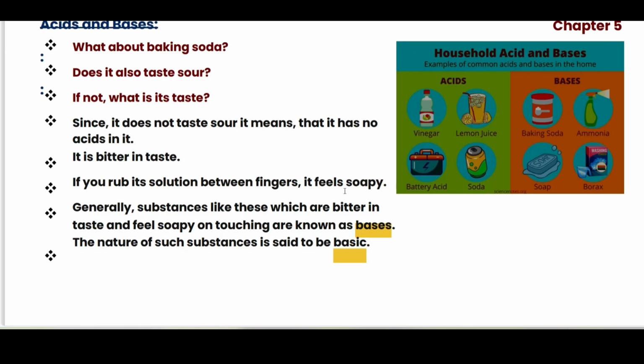When you rub it, you feel soapy, right? Generally, substances like these, which are bitter in taste and feel soapy on touching, are known as bases. As we concluded that substances which are sour are acids, in the same way we have given a statement here that substances which are bitter in taste and feel soapy are basic.